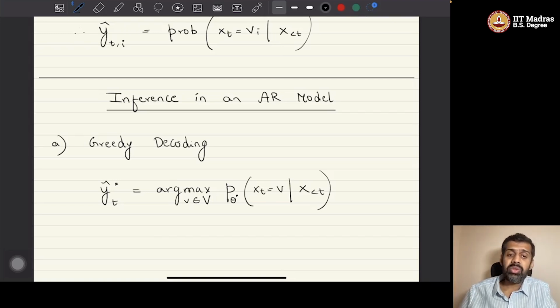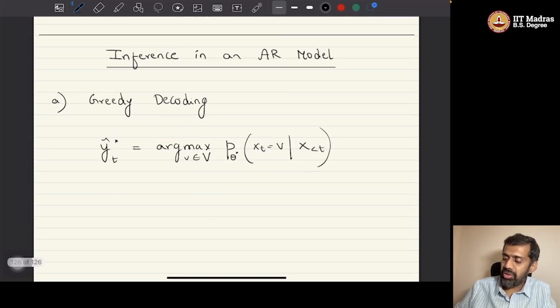In an application where you seek deterministic outputs, greedy decoding is the best. But if you are working with an application where the output needs to be more, quote unquote, creative, then it's not a good idea to use greedy decoding, because every time you get the exact same output.